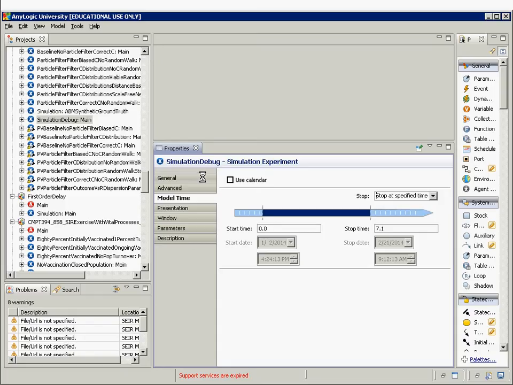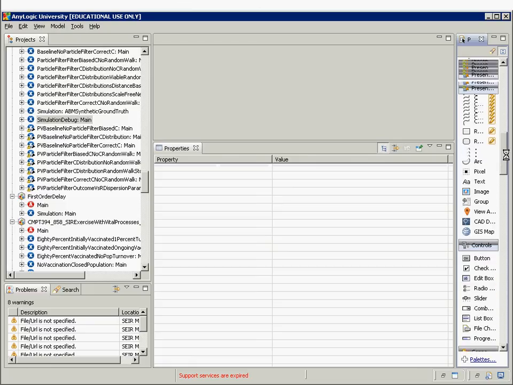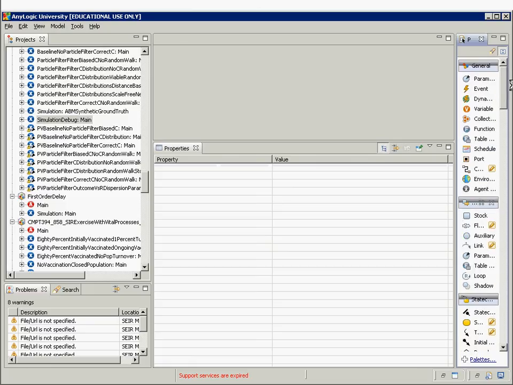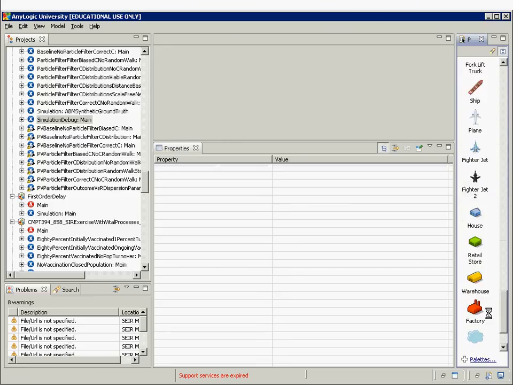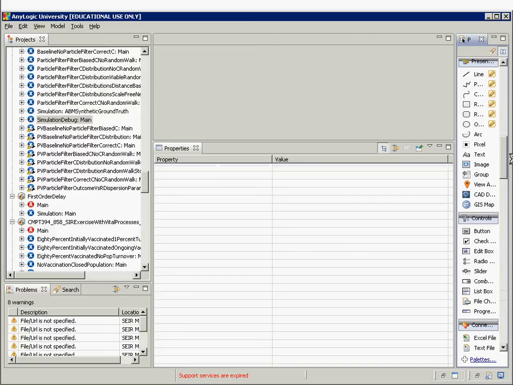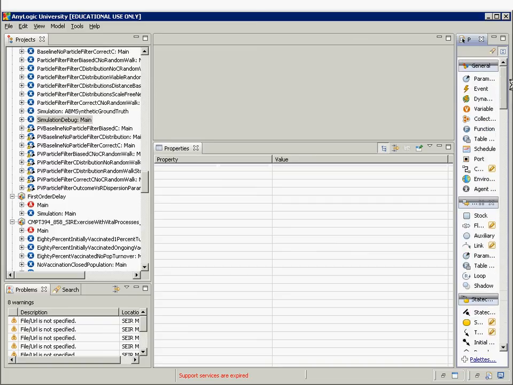You can ask it to maintain a calendar, and there are actually widgets you can add from over here in the palette, which assume some sort of calendar interpretation of time. Somewhere within this, and I'd have to find where it is, there's a clock, for example, and that clock can display the current time as time of day, etc. So there is a calendar that can be maintained, but that's up to you if you want to subscribe to that or not.